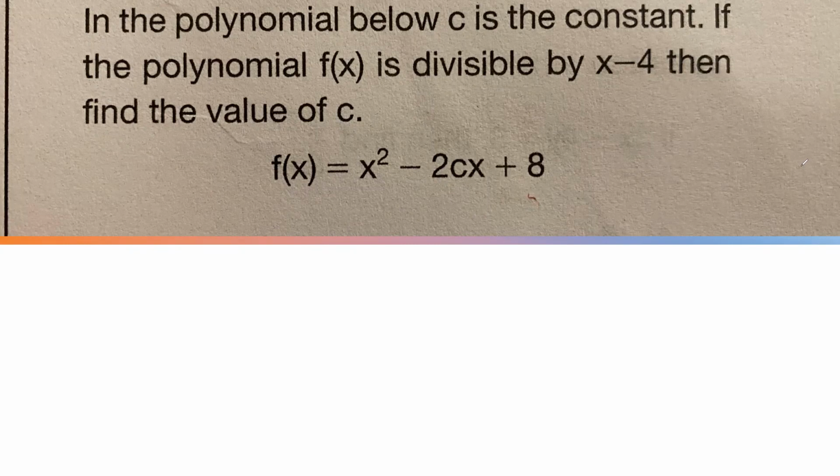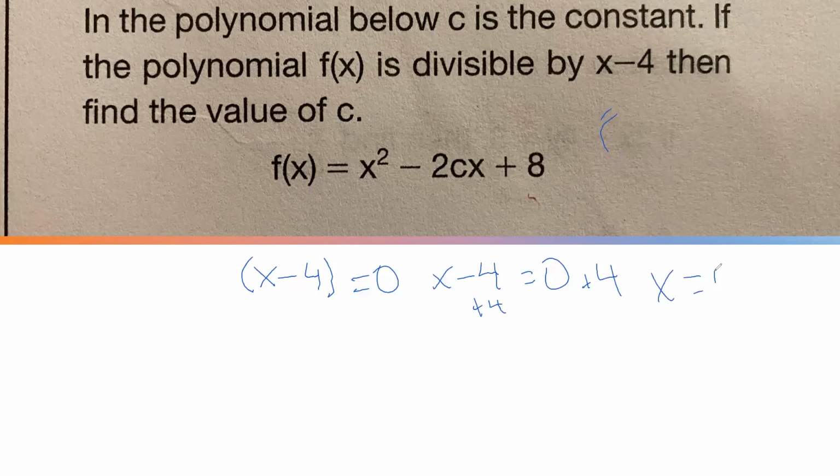Okay, so if x minus 4 was a factor, that means that x minus 4 is equal to 0. So if x minus 4 is equal to 0, by adding 4 to both sides, x is equal to 4.